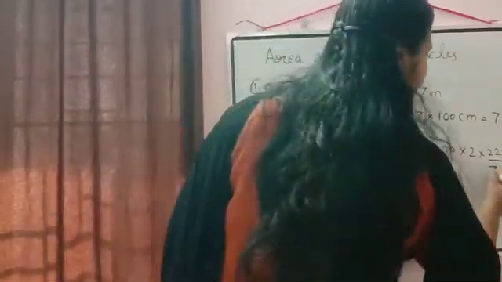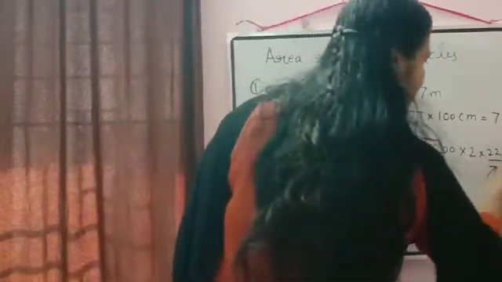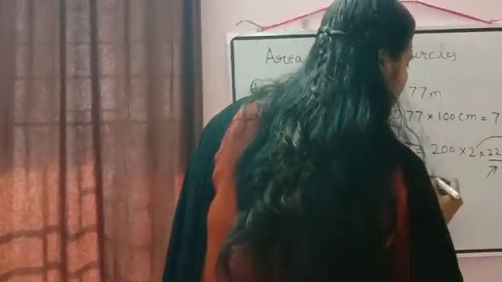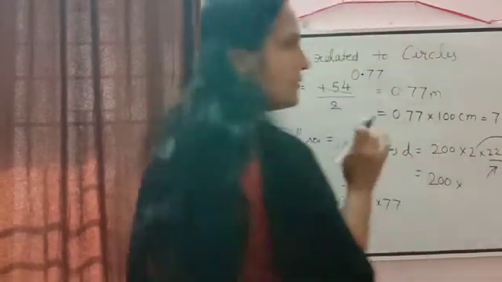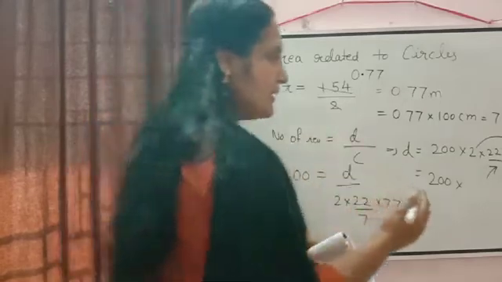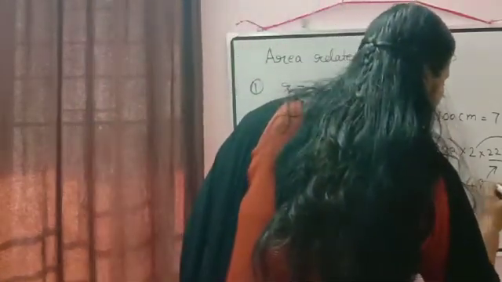Now we have to just check whether we can cancel. Yes, these two will get cancelled. Now the remaining we can multiply here. 11 into 2 will be equal to 22. So 22 into 22, 22 square. 22 square is 484.